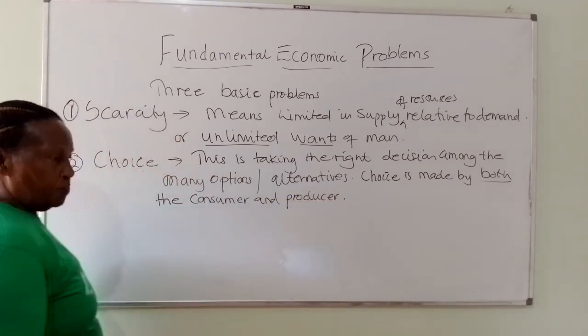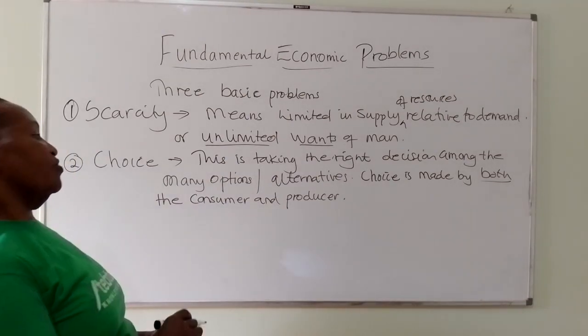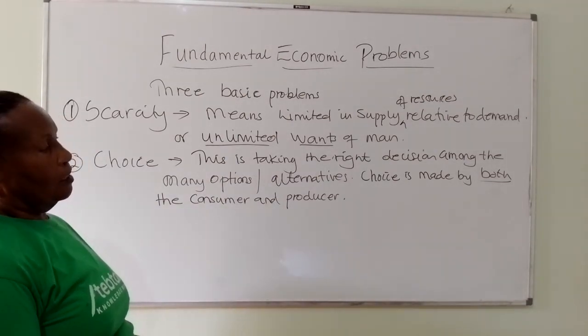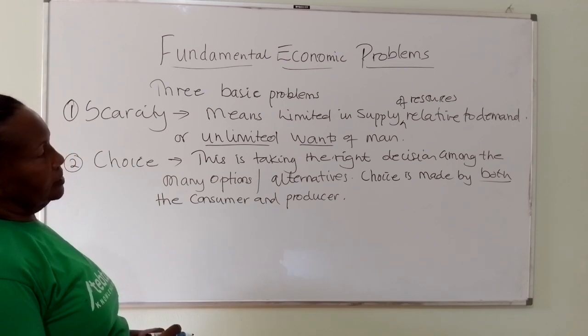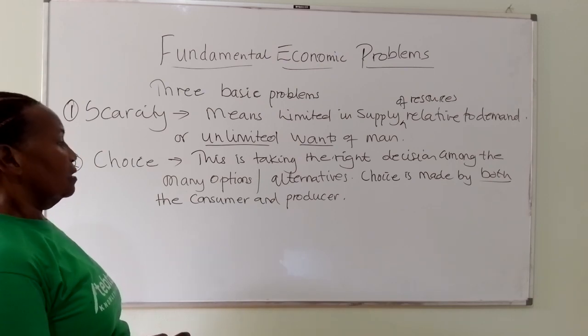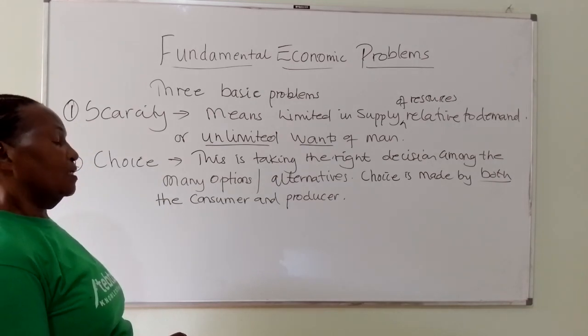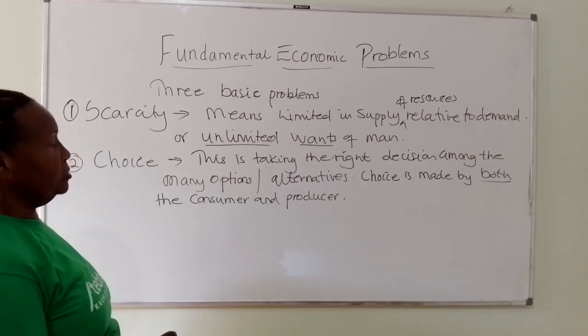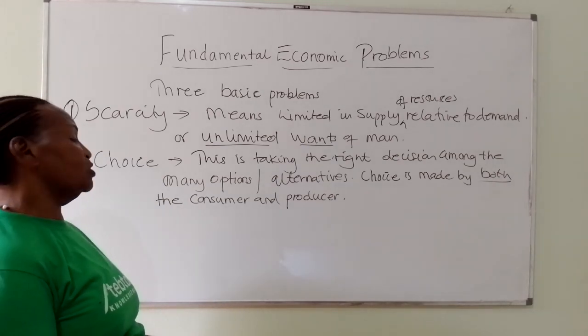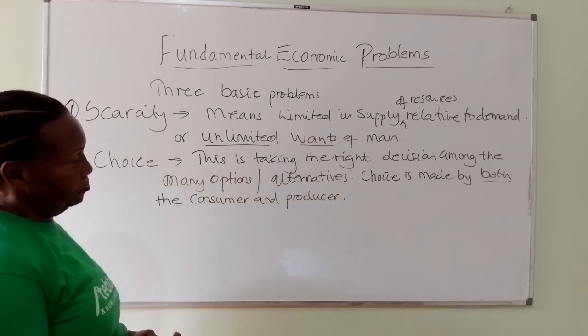So these are the key people. The producer avails us with the goods and services, and the consumer has to satisfy his unlimited wants, and because the resources available to the consumer are limited, he has to choose what is required most, and then leaves out the rest.